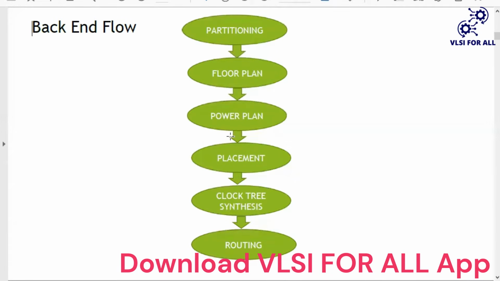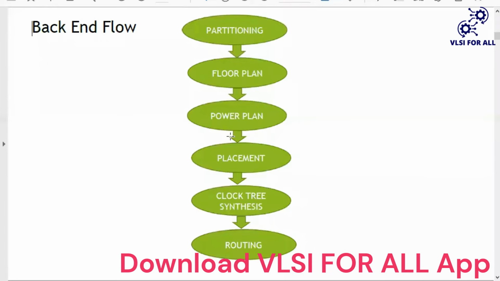We can define a big block into sub levels or partition levels. The tool's partitioning divides the chip level into individual partitions. Then it is a partition.